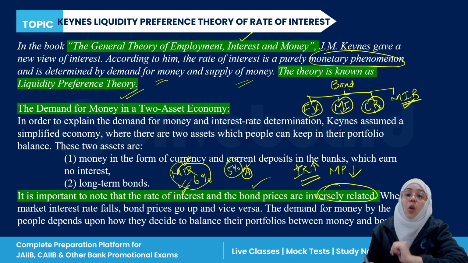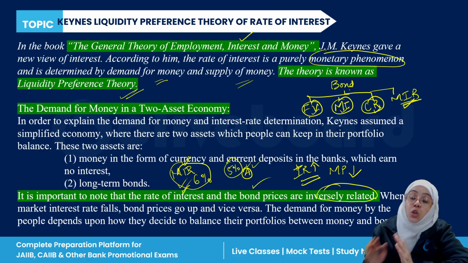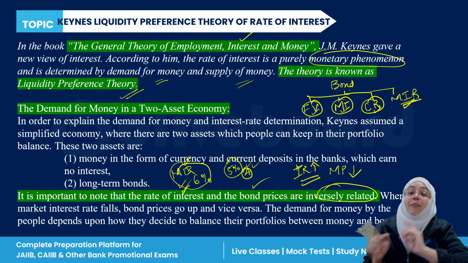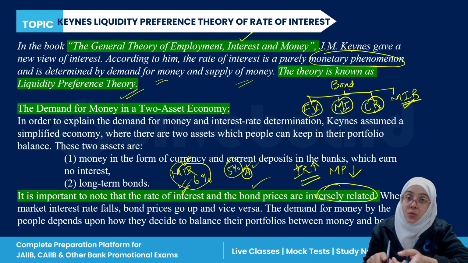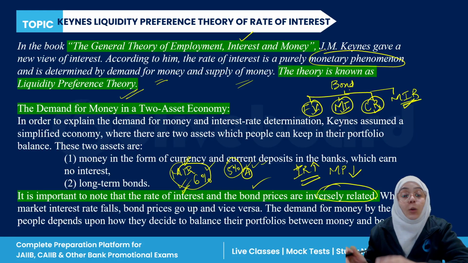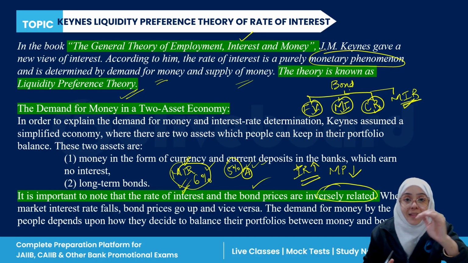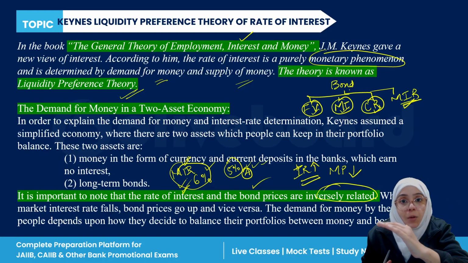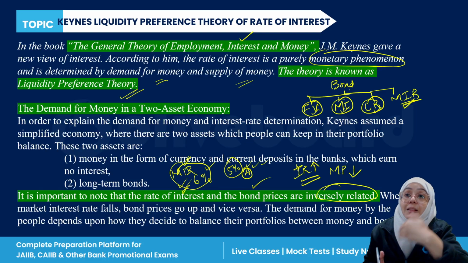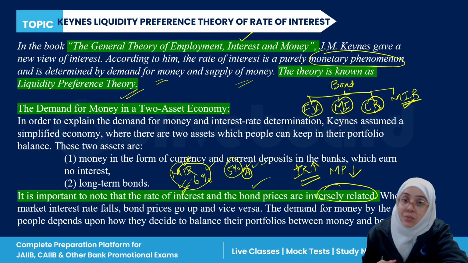So now you have two options. If you are purchasing this bond, you have to pay less, you will earn less. If you are purchasing the new bond, you have to pay more, you are earning more, right? So these two are then equally competitive with each other. So as the market interest rate rises, the bond price is reduced, to make that older version equally competitive for the investors, right?